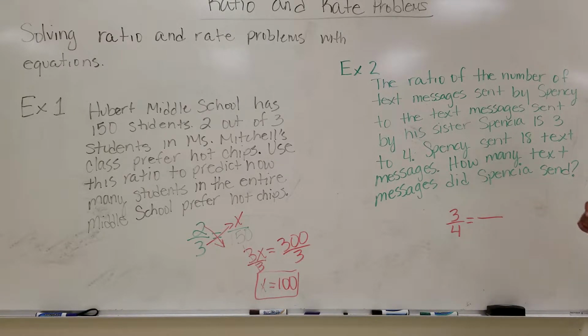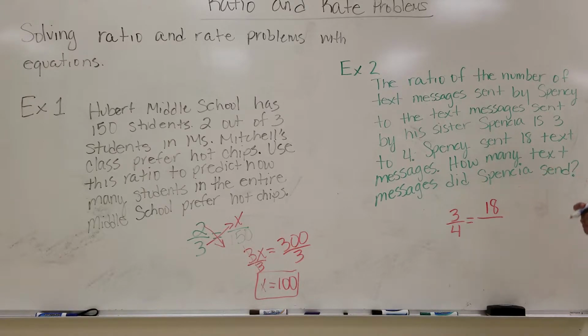Spency to Spencia. So Spency sent 18 text messages. How many text messages did Spencia send? So if Spency sent 18 text messages and our ratio pattern is Spency to Spencia, the 18 will have to go here. And Spencia will go here.